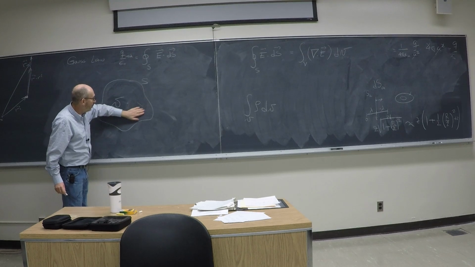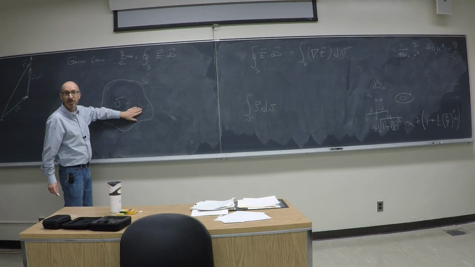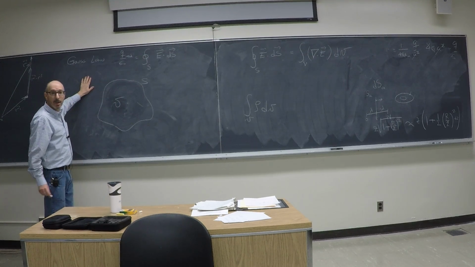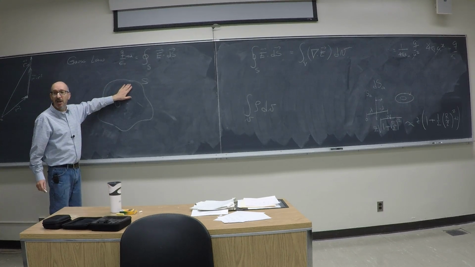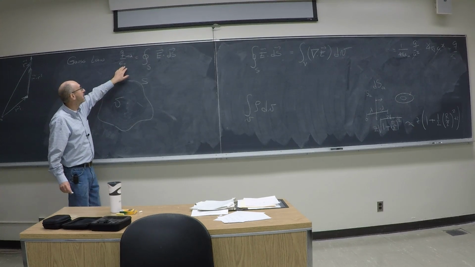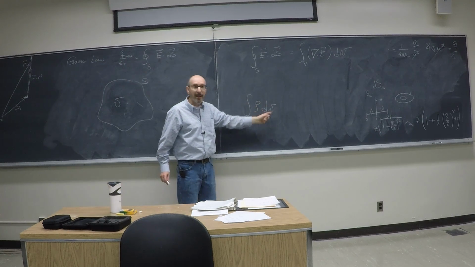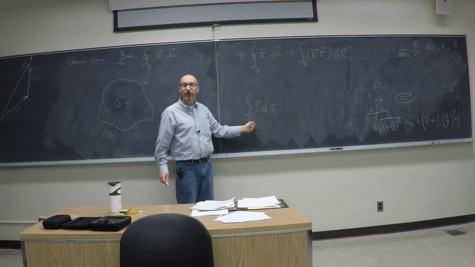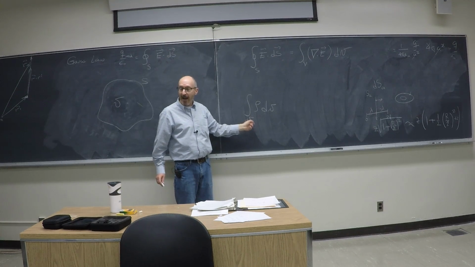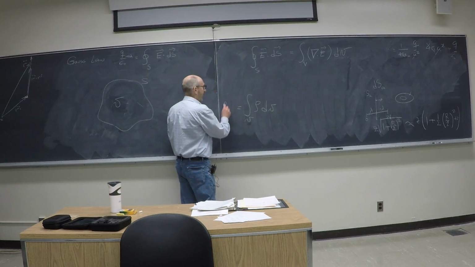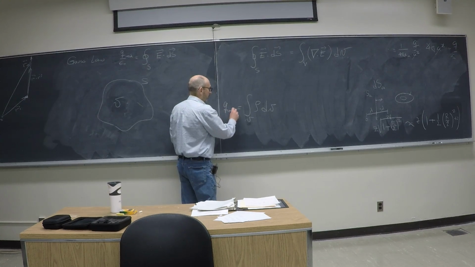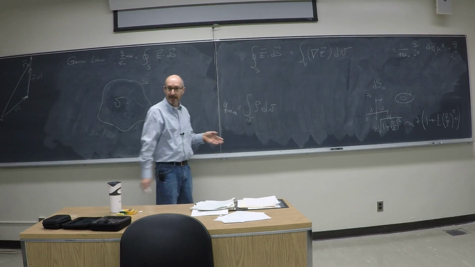Now imagine that all this region inside is covered with charges, and outside also, but the only charges that matter for Gauss's law are the charges inside. For that reason, when I do the integral of the charge, I don't go to the full three-dimensional space, I only integrate in the volume. So I make this claim that this is true.